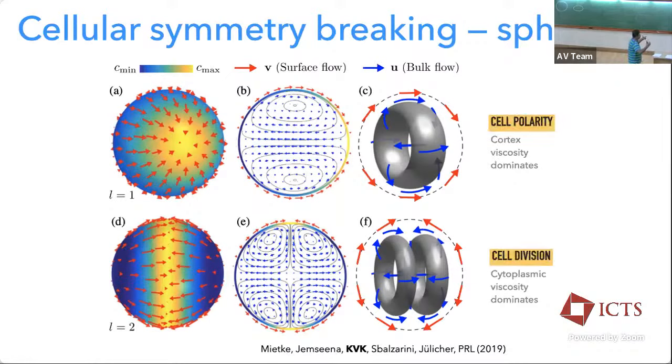So one of the earliest pictures that I showed you is to think about pattern formation in the actomyosin cortex of the cell, which actually forms a ring and pinches the cell. So it's a very simple toy model, which can give you a very nice understanding of how a cell division pattern can come up because of the coupling between surface stresses, bulk flows, surface flows, and natural couplings between them because of the geometry.